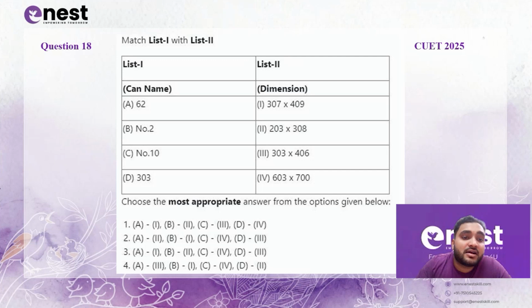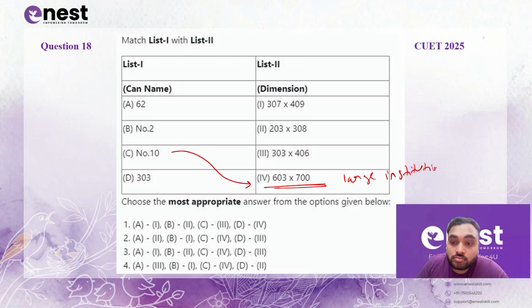It is the can name which is used in the commercial sense along with its dimension. So number 10 can is 603 by 700. This is a large institutional storage can. So it is used to transport any food item in bulk.